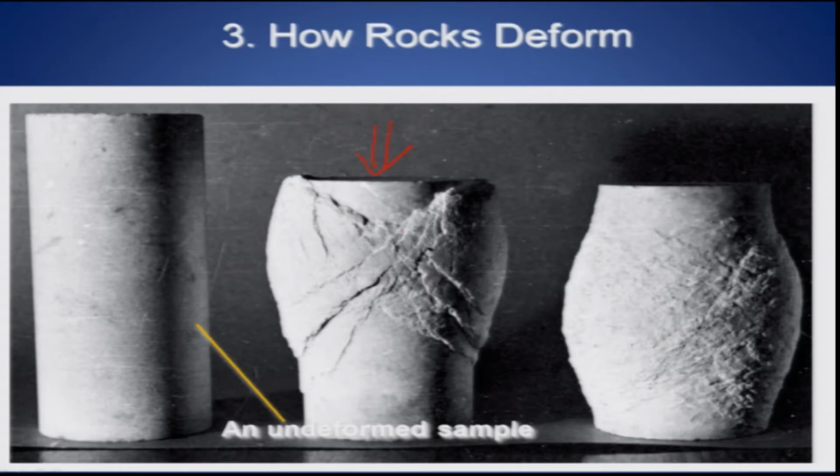But if you put the same material in the deeper part of the earth, you will have a different type of deformation. It will not really fracture. The earth's crust is a very brittle part, and it usually fractures along weak zones, and these weak zones we term faults.